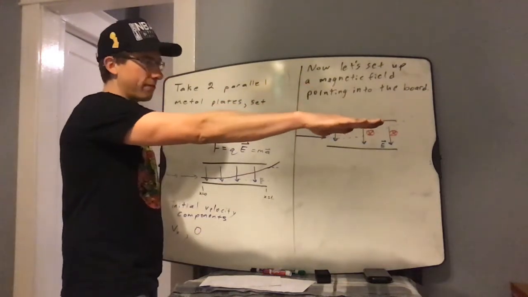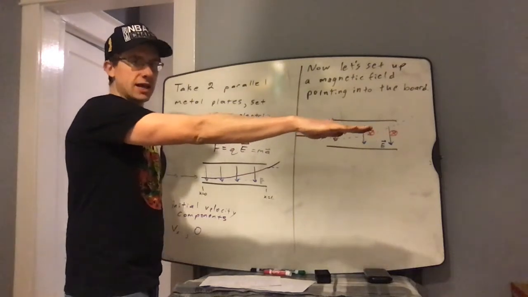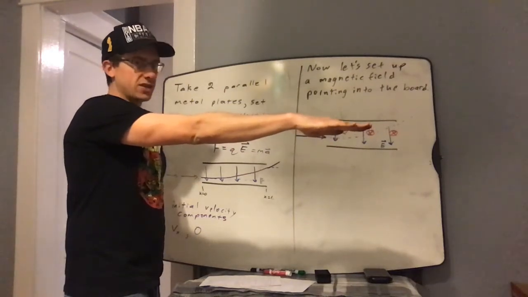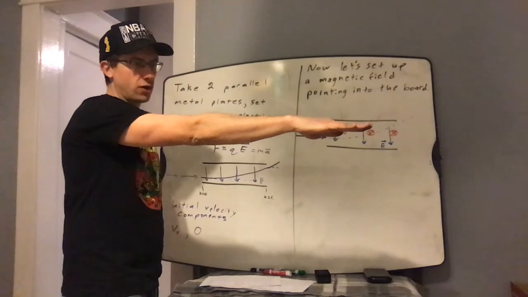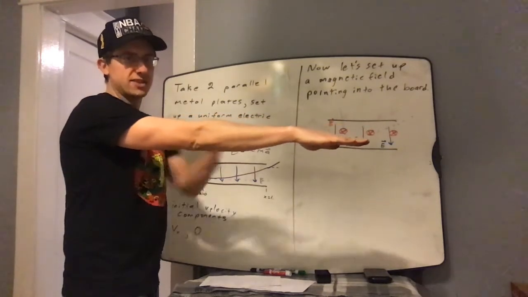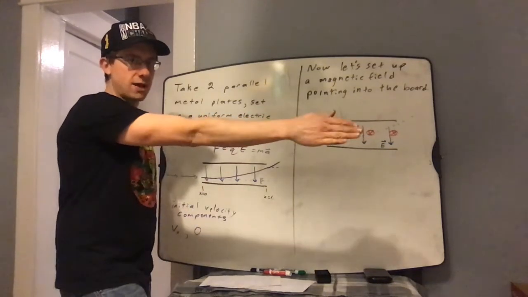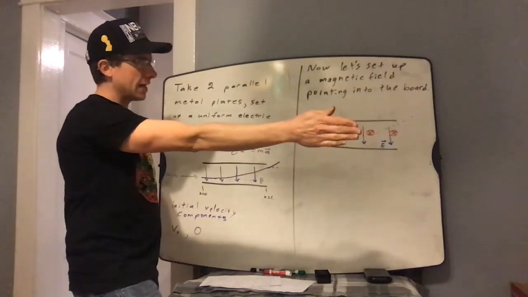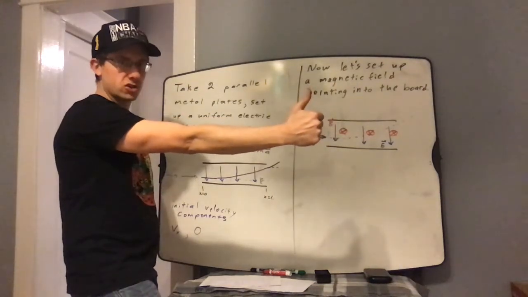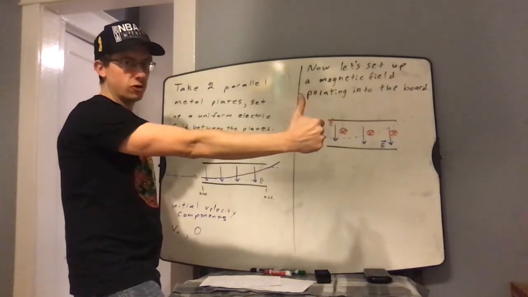I'll have my forearm aligned to the right. Now the magnetic field we said is pointing into the board, so I make sure my forearm is still pointing to the right, but then I pivot my forearm and my four fingers curl into the board.